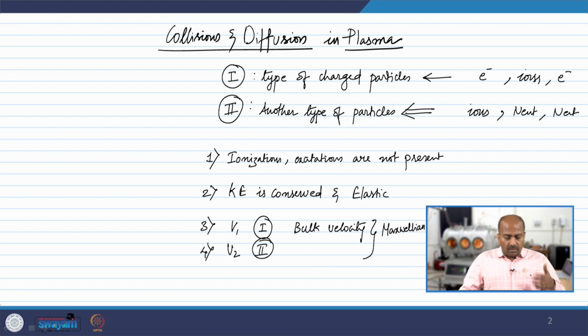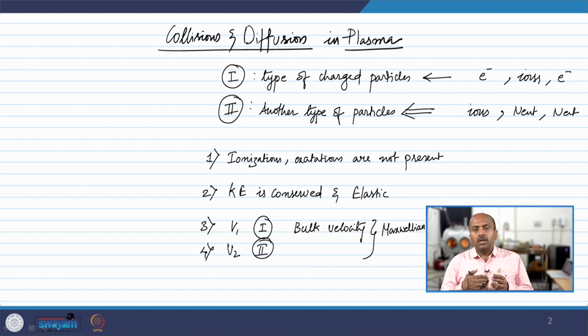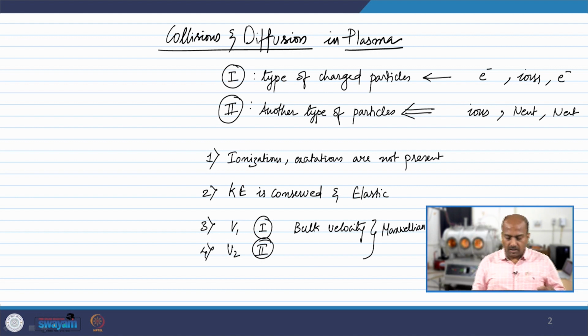So, what happens when these particles collide? The transfer of bulk momentum occurs, right. Obviously, when the particles collide, there is momentum transfer depending on the masses of these two particles. The masses of these two particles, in addition to the direction of their velocities, will decide the direction of momentum transfer. So, in order to simplify this, we will assume that these two velocities are of course Maxwellian, and we will also assume that they are in the x direction.